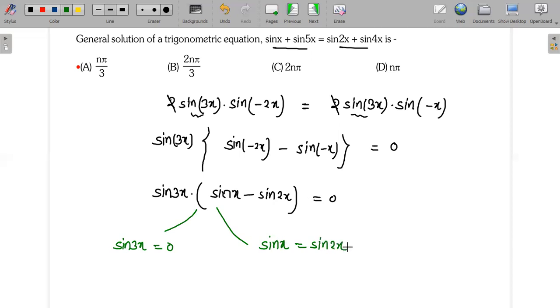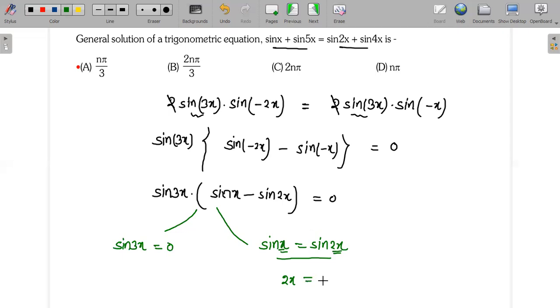Now you have a variety of ways to solve relation number 2. You may either apply sine C minus sine D or you may even open up sine 2x, which is 2 sin x cosine x. There is another way by which you can write the solution for sin 2x is equal to sin x. You may consider your 2x as theta and x being alpha there.